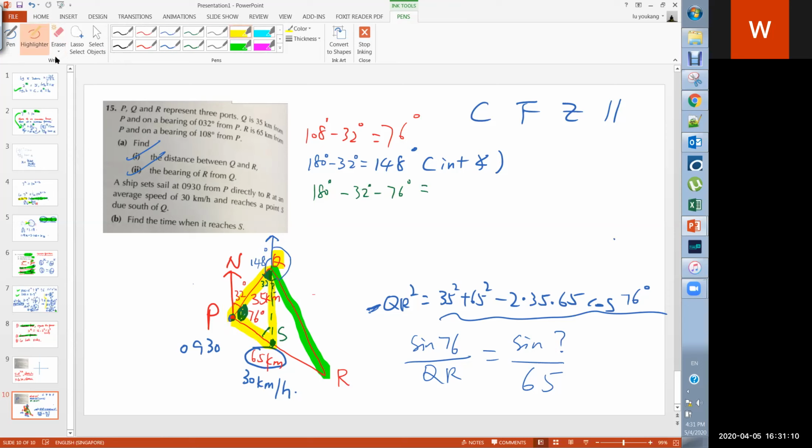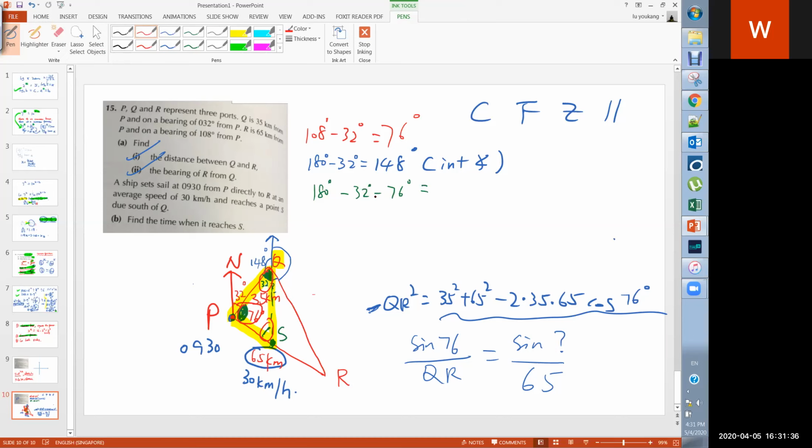That's why I use 180 minus my first angle, then the second angle. I minus this angle, and then I minus this angle, then I should get this angle. So it's 180 minus 32 plus 76, right?